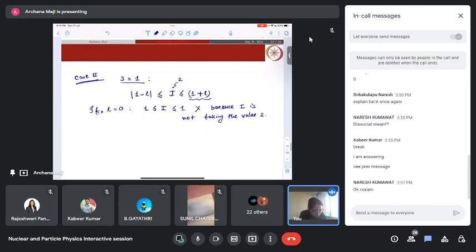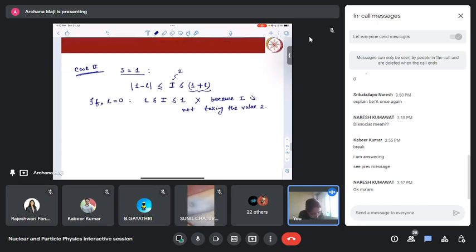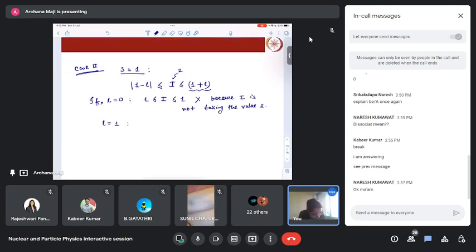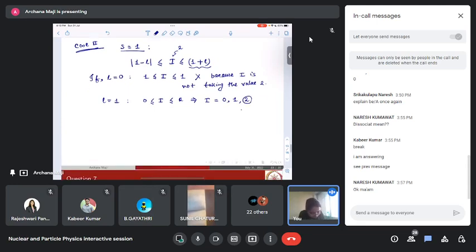So L equal to 0 is not possible. Now if L is equal to 1, then this is 0 and this is 2, so I can be 0, 1, 2. So the value 2 is there. So L equal to 1 is possible.